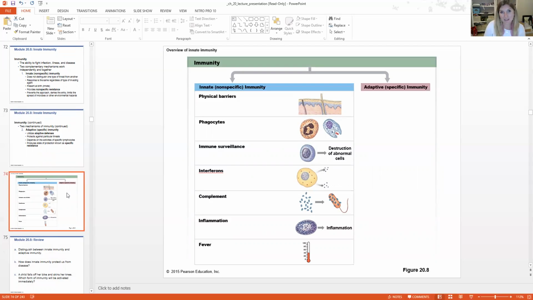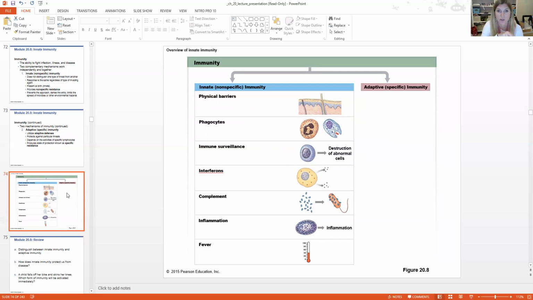In our innate or non-specific immunity, we have several different mechanisms in place. We have our physical barriers, like our skin, phagocytes. These are the neutrophils and macrophages that are within our connective tissue and floating around in the blood, gobbling up invaders. There's the immunological surveillance, like the natural killer cells that go around and detect those precancerous cells or virus-infected cells.